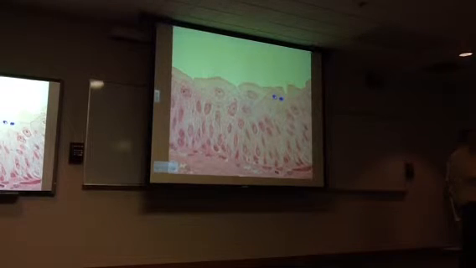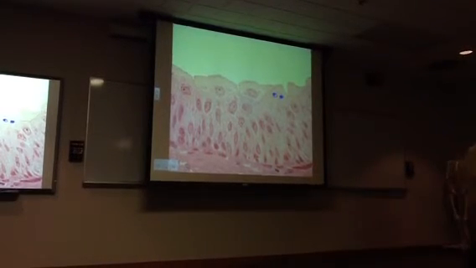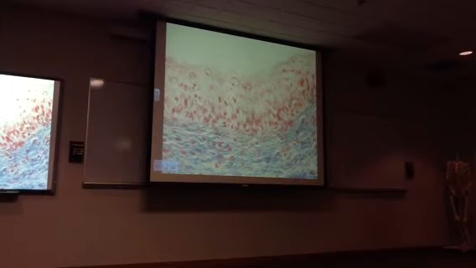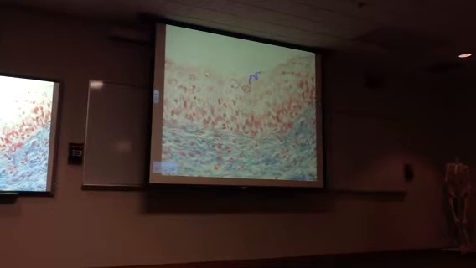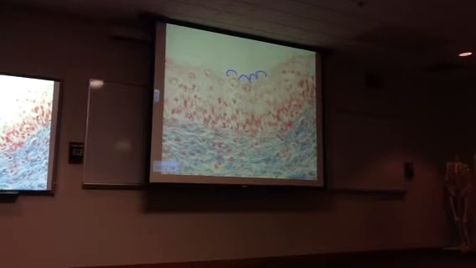Oftentimes, transitional epithelium can be binucleate. That can be a hint sometimes. Sometimes the transitional epithelium can have polyploid nuclei. Again, look at the big dome cells, really pushing out as those big dome cells.